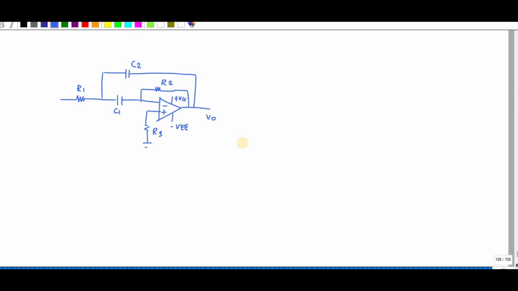Okay. So here, at low frequency, the XC2 value is so large, because you know that XC2 is equal to 1 divided by 2 pi FC2. Okay, so for low frequency, the XC2 value is so large. So if that is the case, what will happen?